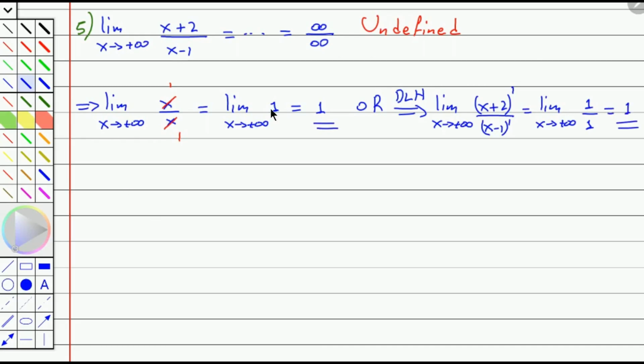So both techniques are accepted. You can use whichever technique you want. In this case, because we have a rational polynomial function, we can use both techniques, but if we have other functions like logarithmic, exponential, and others, we must use de L'Hopital.